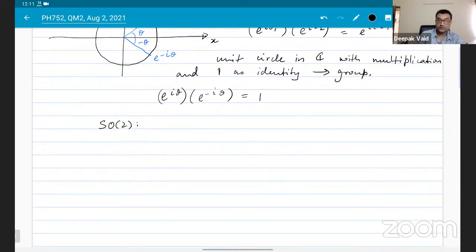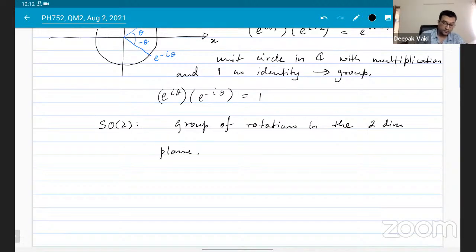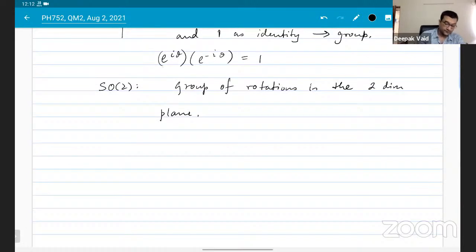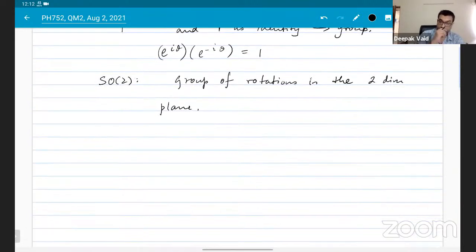Then we have another group which is called SO2. The group of rotations in the two-dimensional plane. Okay, so what are the rotations in a plane?